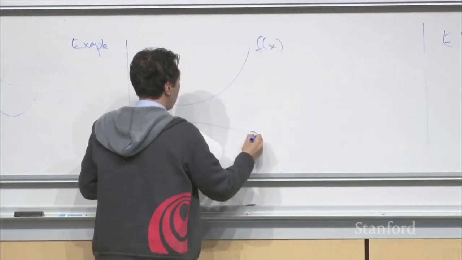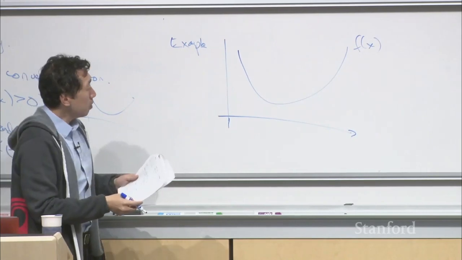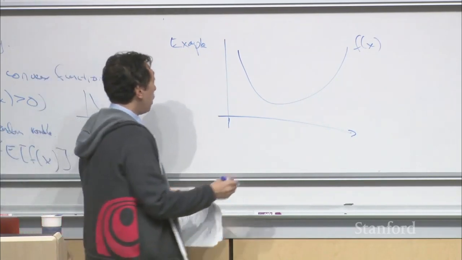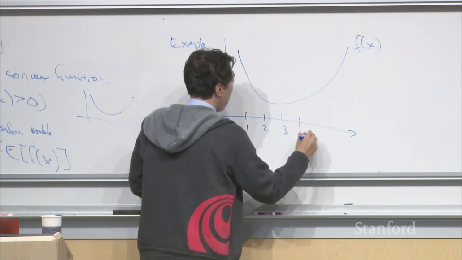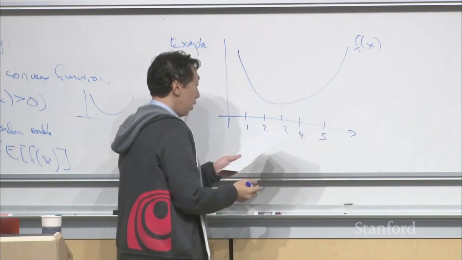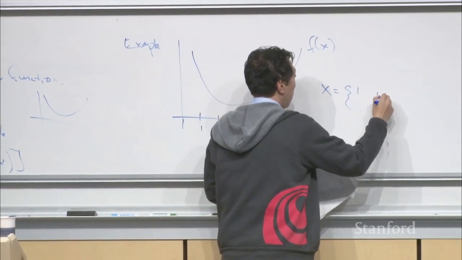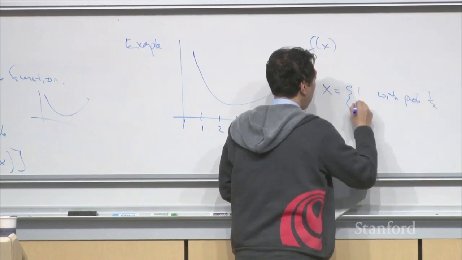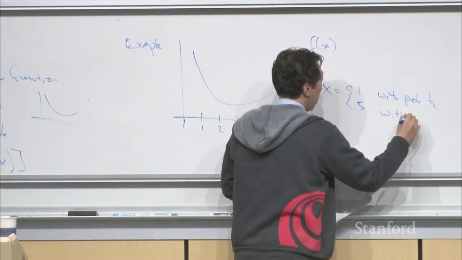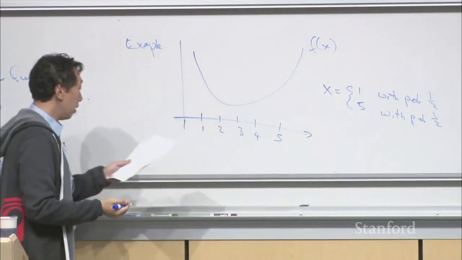So here's the function f of x, and let's say that these are the values 1, 2, 3, 4, 5. And suppose that x is equal to 1 with probability 1/2 and is equal to 5 with probability 1/2, right? Just for illustration.